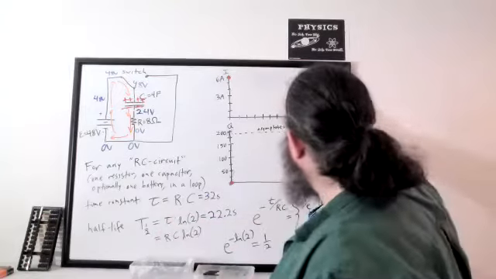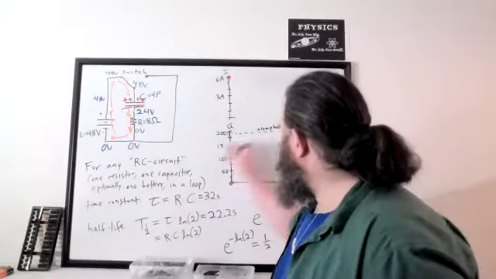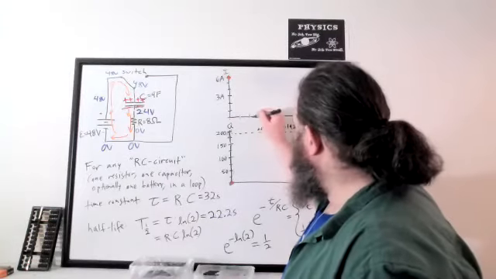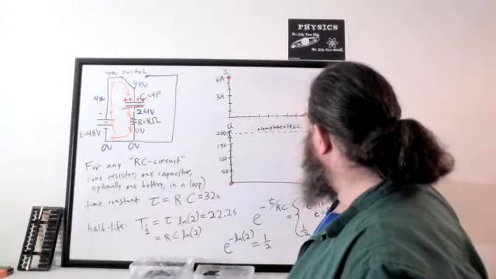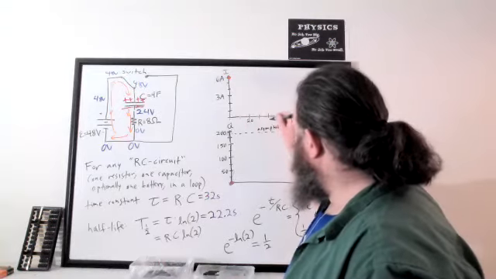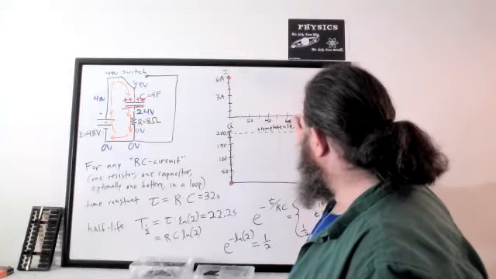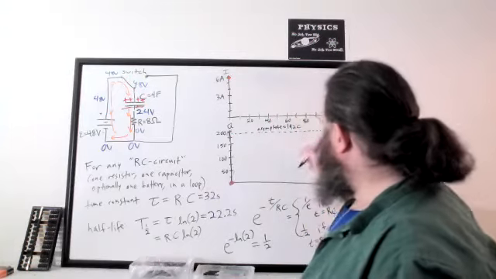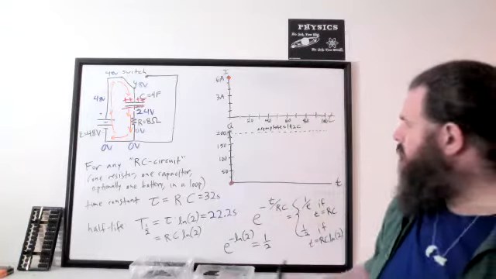And you can do a little bit of that. There we go. So each of these tick marks represents 10.